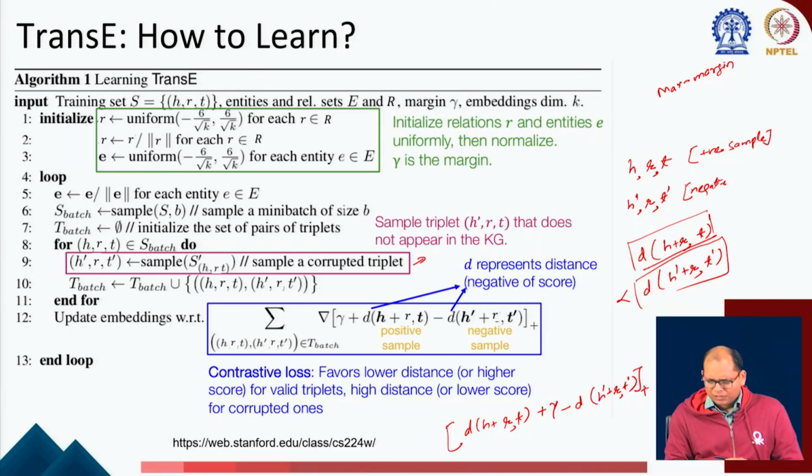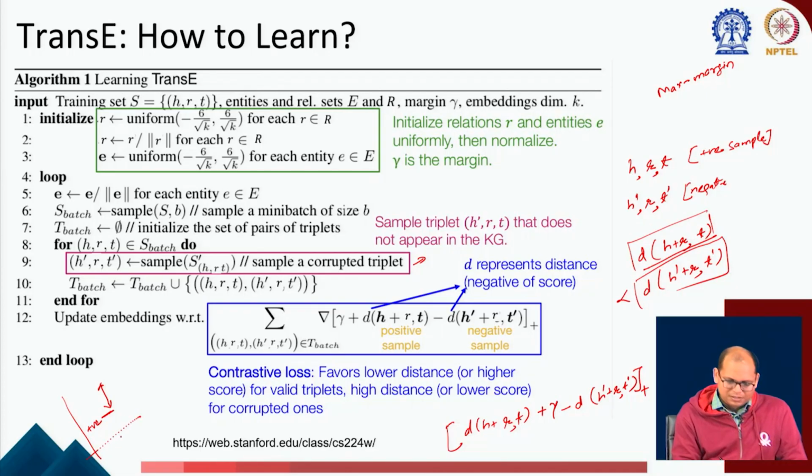So what is the idea? Let's say the distance of the positive sample is here, but I want to create this margin. The positive sample should be lower than the negative sample on this distance axis. This is for the positive sample, this is for the negative sample.